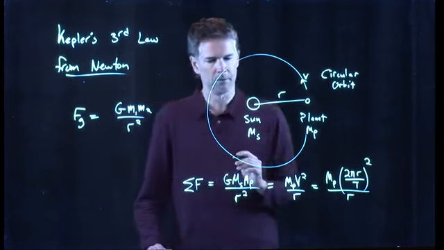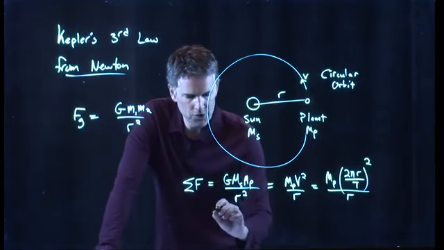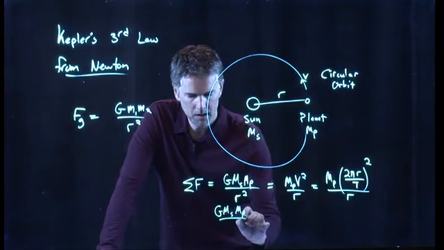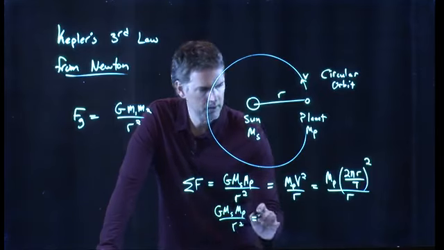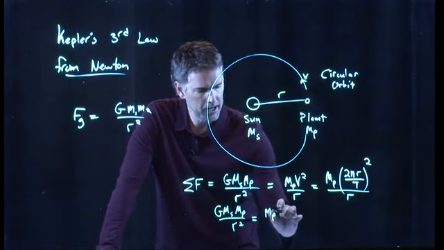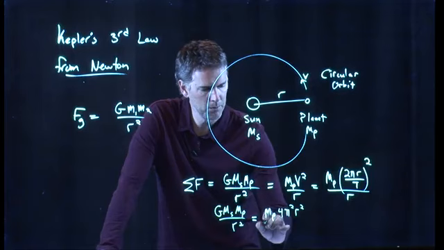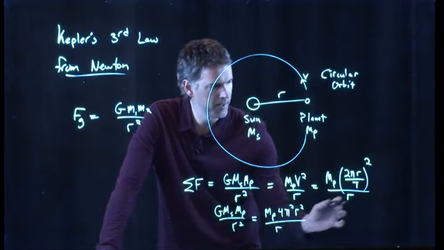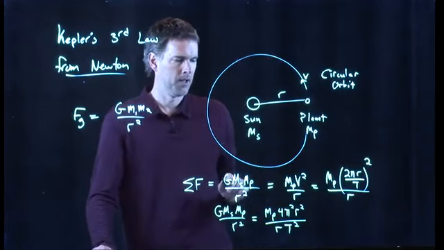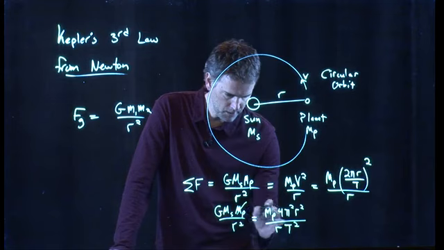Okay, and now we can simplify this quite a bit. We've got G m sub s m sub p over r squared equals, let's multiply this stuff out, 4 pi squared r squared, we have an r in the bottom, and then we end up with a capital T squared in the bottom. Okay, and now we can cross out some stuff. m p drops out.